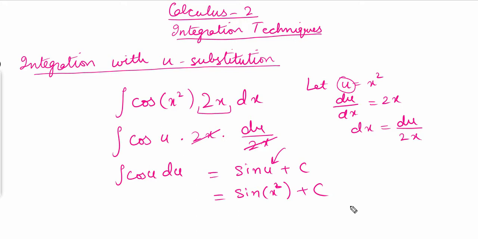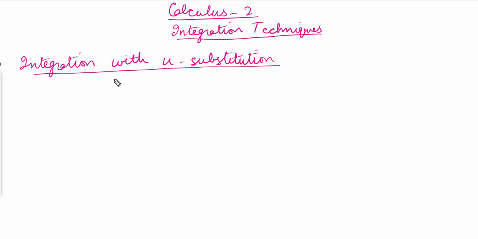Alright, so this integration is basically for indefinite integrals. Now let's see the integration for definite integrals as well. Okay, so now we have a question. It's the integral from 1 to 5 of 2x plus 1 times (x square plus x) whole cube dx.